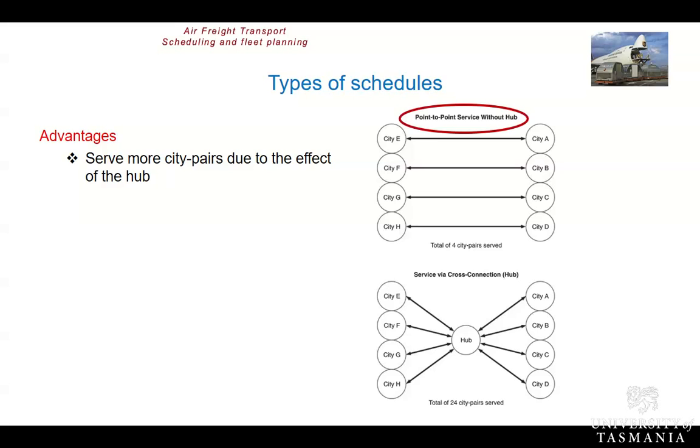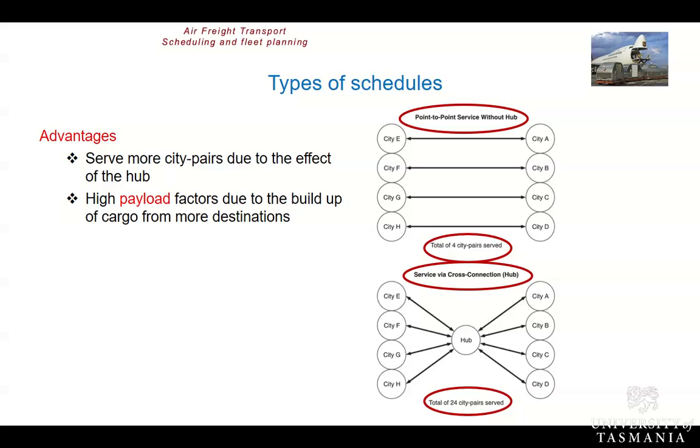If we look at a point-to-point scenario, we've got 8 different destinations, but you've only got a total of 4 city pairs using the point-to-point. However, if you utilise the hub in the middle of that, all of a sudden you build up 24 city pairs. So that's, I suppose, the benefit that can come from that hub and spoke type system.